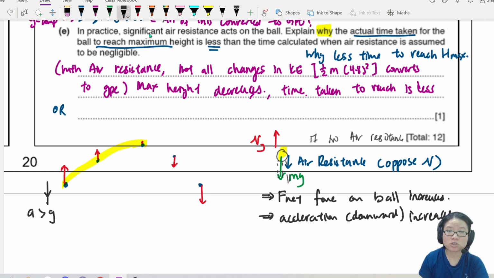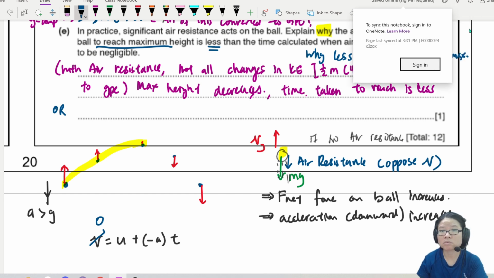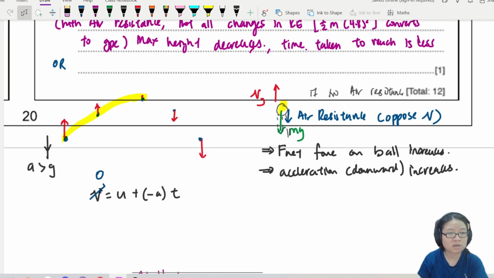Okay? So what will happen to the time of flight? You can always use your kinematics equation to judge. v is equal to u plus negative g, or negative a, t, because a is in the downward direction, right? So when your v is 0, I can move things around.